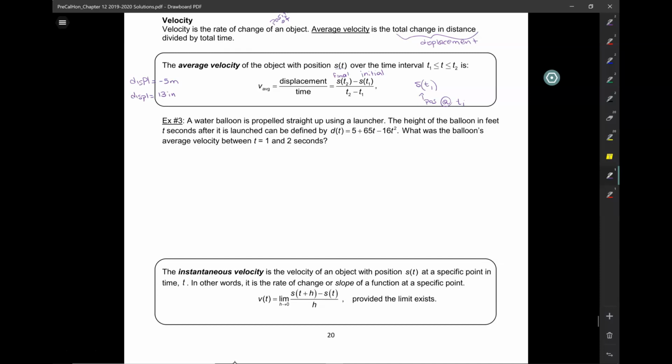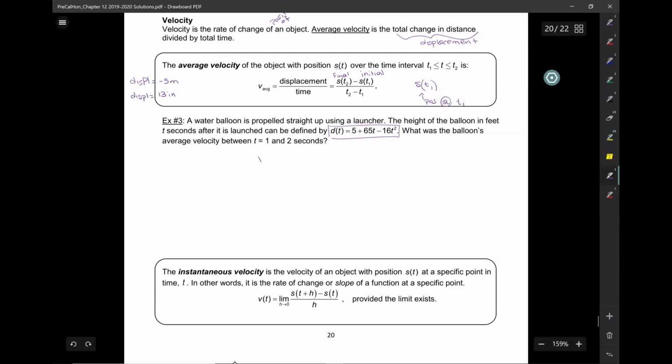A water balloon is propelled straight up using a launcher. The height of the balloon in feet, t seconds after it is launched, can be defined by d of t. What is the balloon's average velocity between t equals 1 and t equals 2 seconds?